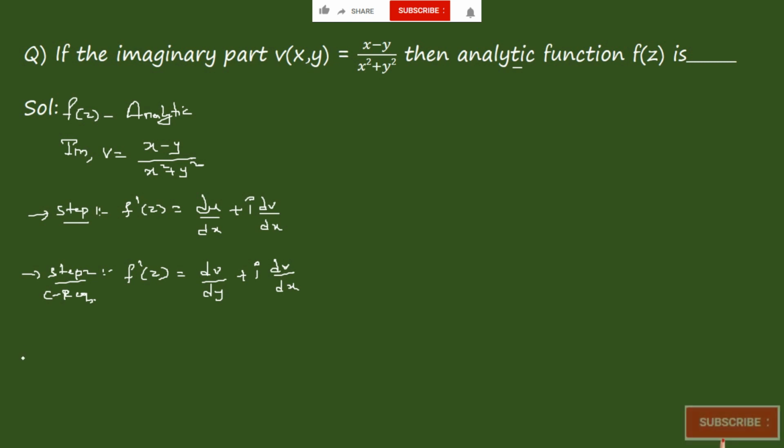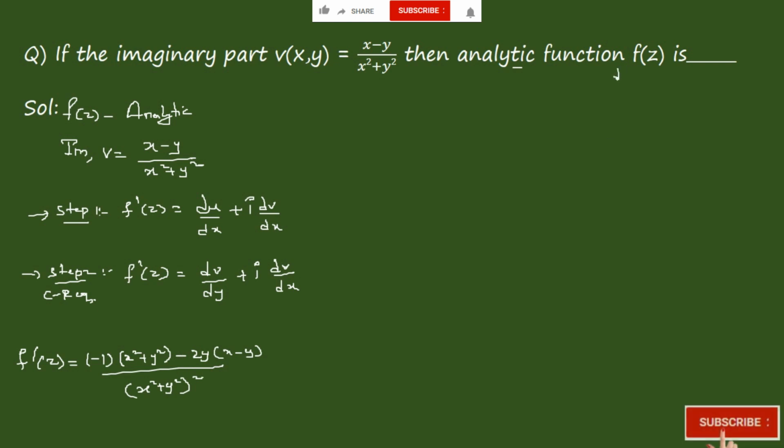So just differentiate it. Then we get f dash of z is equal to, now first we'll be differentiating this one with respect to y, and it becomes minus 1 into x square plus y square minus 2y into x minus y, by x square plus y square whole square, right?